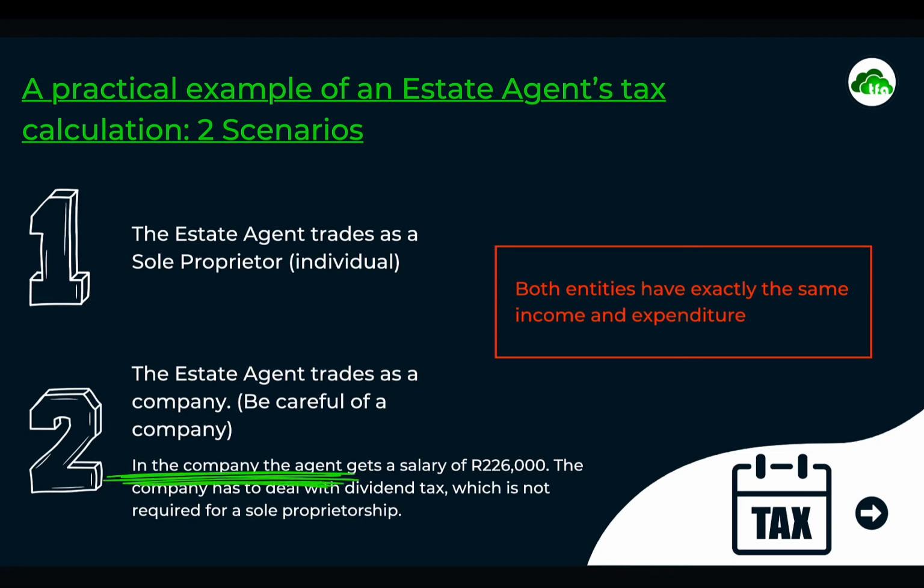In the company, the agent gets a salary of 226,000 Rand, and the company also has to deal with dividend tax, which is not required for a sole proprietorship. We need to account for a salary and dividends in a company in order to get both scenarios on the same playing field so that we can compare the tax amounts payable on the same set of figures.